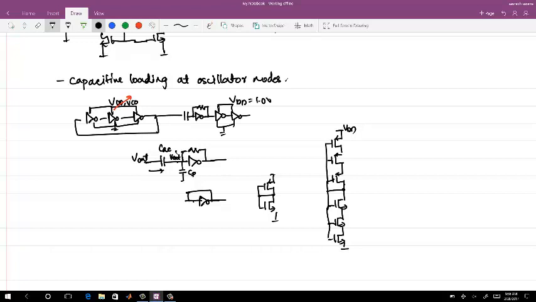Okay, now which will have a lesser power consumption? The second one, because you are having too many resistors between VDD and ground. But what is the drawback?